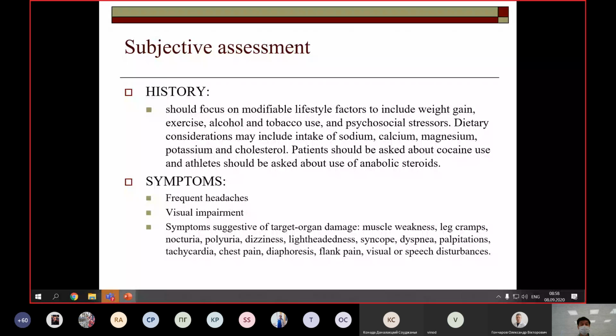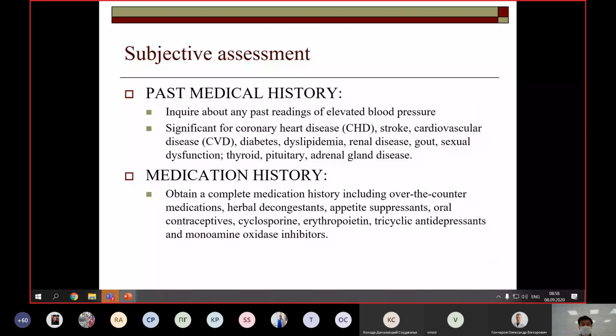And on the next slide, the subjective assessment continues. Past medical history should be assessed differently. Inquire about any past readings of elevated blood pressure and the significance for other diseases, including coronary heart disease, stroke, cardiovascular disease, diabetes, dyslipidemia, renal disease, gout, or asymptomatic hyperuricemia; sexual dysfunction should be defined.